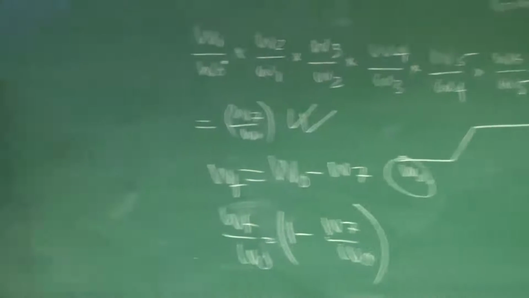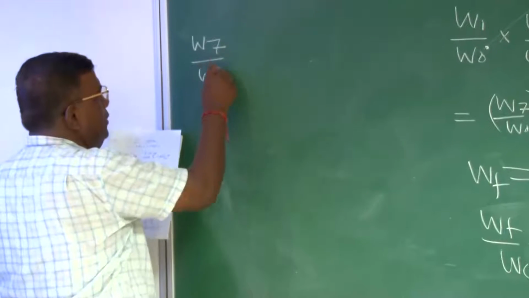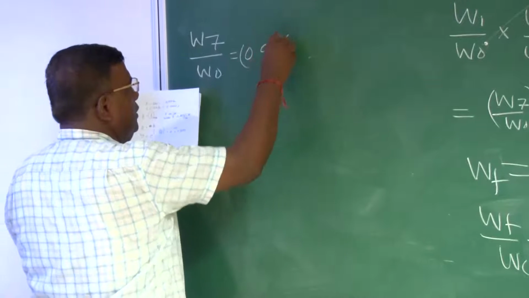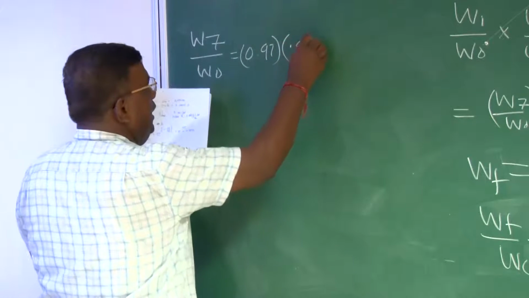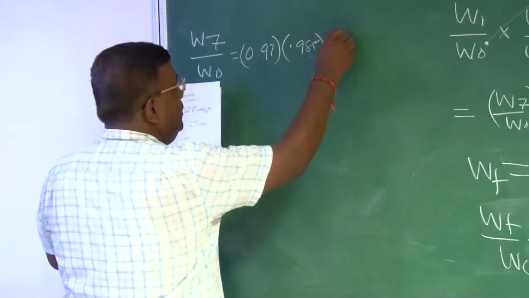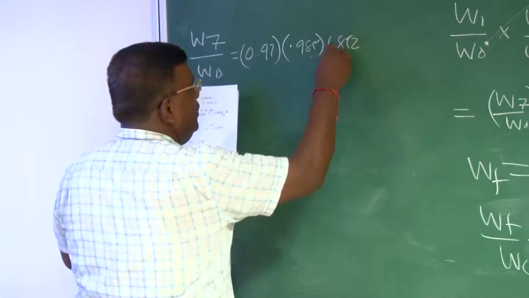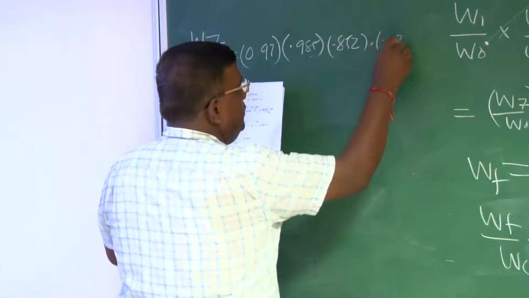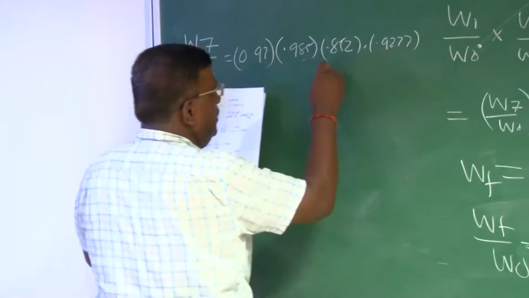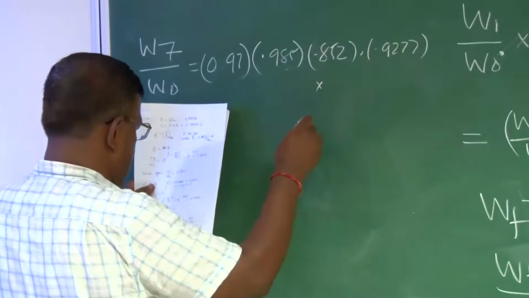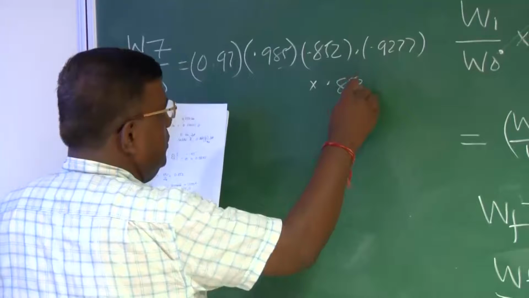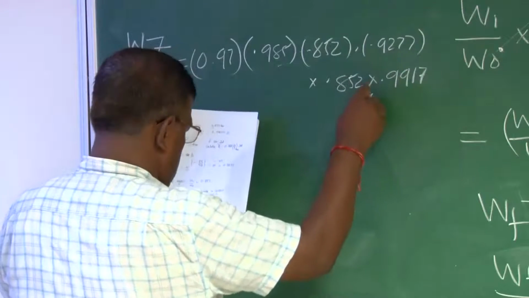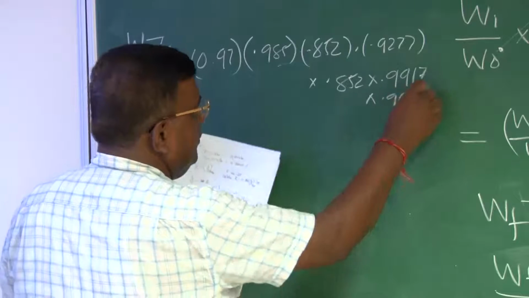To complete this exercise, let us do this. So W7 by W0 will be, let me just write it, 0.97 into 0.985 into 0.852, all those fractions I am writing, into 0.9277 into 0.852 into 0.9917 into 0.995.